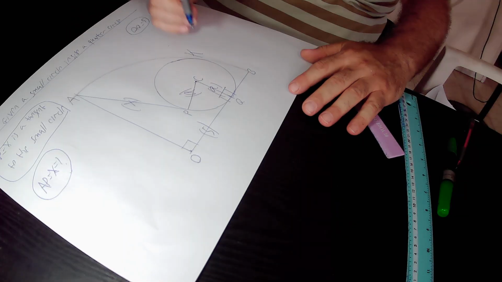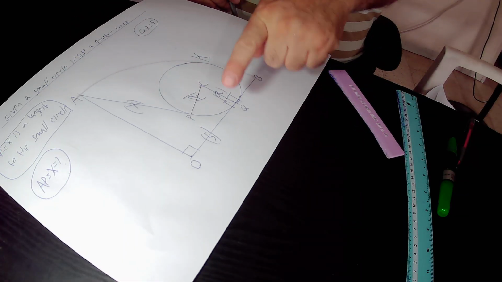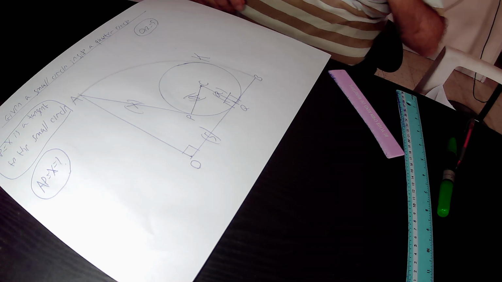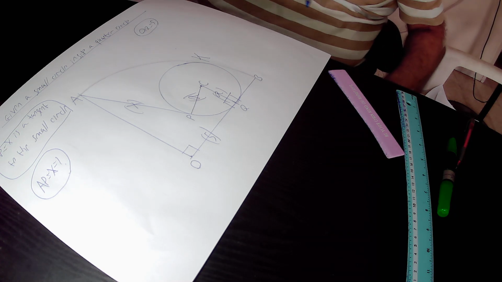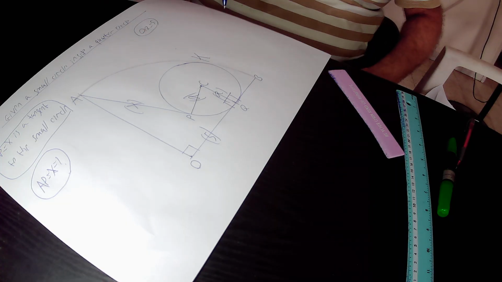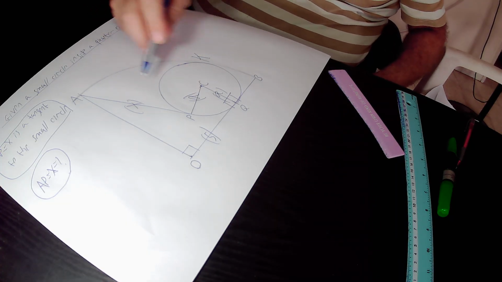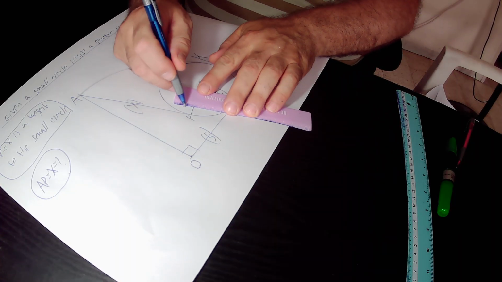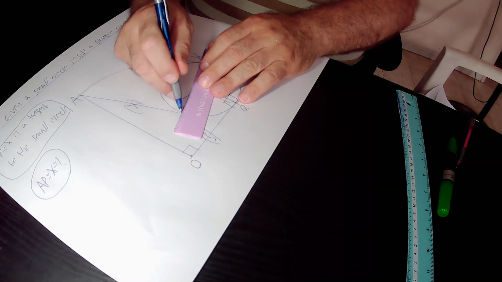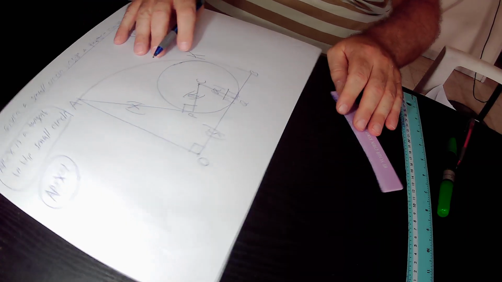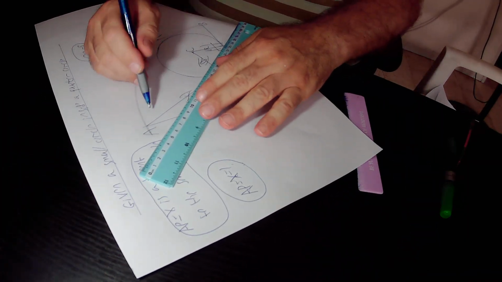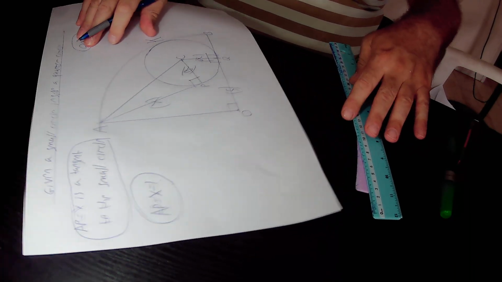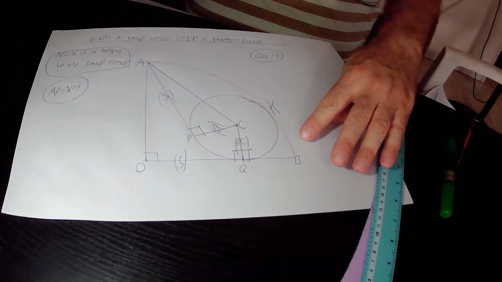And because the radius CP is drawn to point P, that is the point of tangency of tangent AP with this small circle, then tangent AP will be perpendicular to the radius PC. If AP is perpendicular to PC, it means that this angle equals 90 degrees according to rule 1. In the next step, we will join points A and C together by a straight line. By joining points A and C, we created the right triangle, triangle APC.